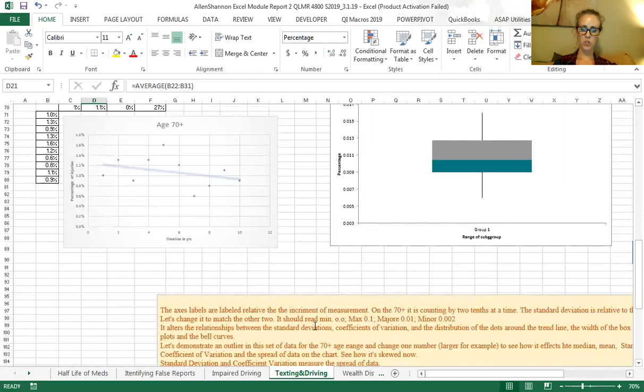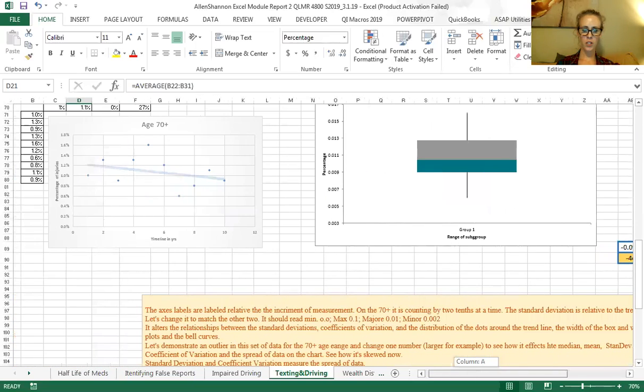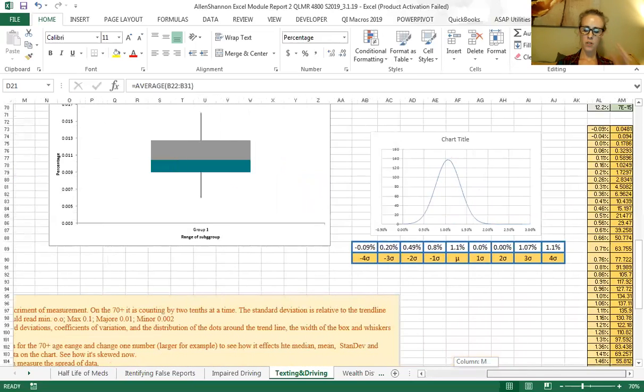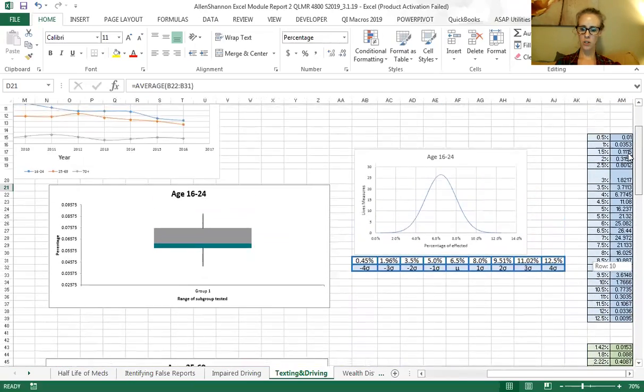The axes are labeled relative to the increment measurement. On the 70 plus, it's counting by 0.2 at a time. The standard deviation, which is right over here, is relative to the trend line. So here we have our standard deviation. Here is our cute little bell-shaped curve for each age group category.